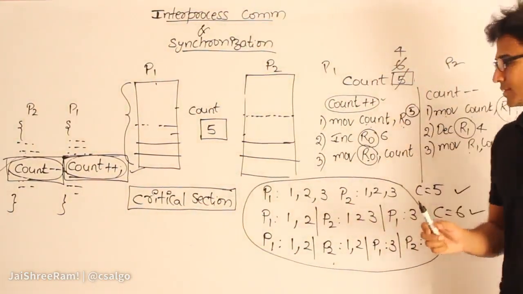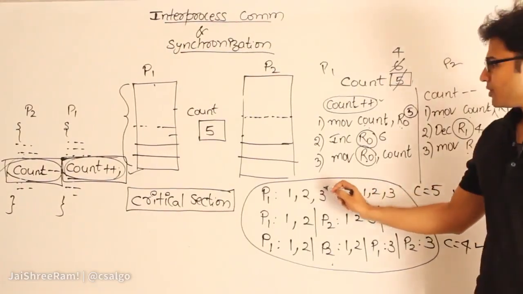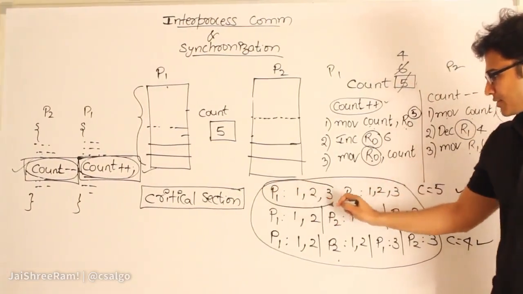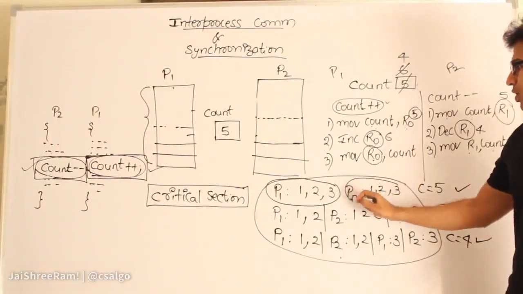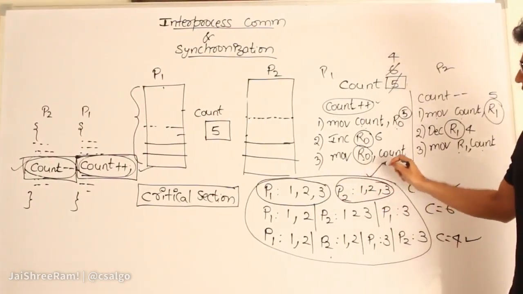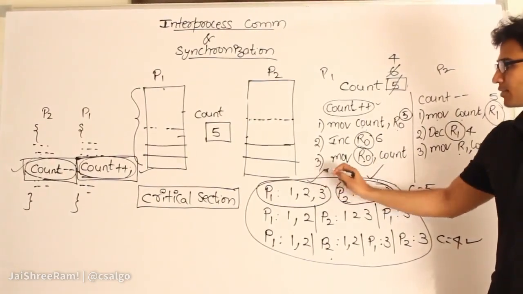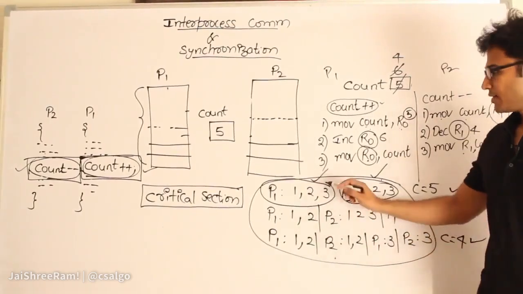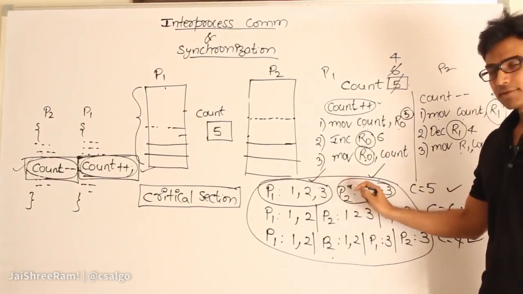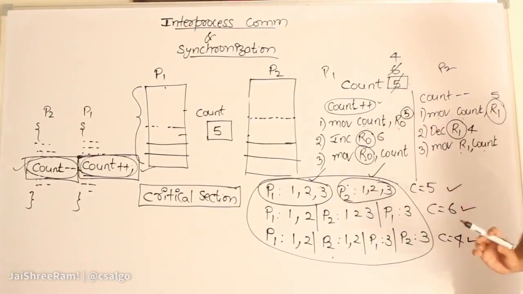What I mean to say is, either you let P1 completely access the critical section and then allow P2, or you let P2 completely finish its work and then allow P1, that is called synchronization, right? And somehow if you could manage this, then such a problem will never occur, isn't it?